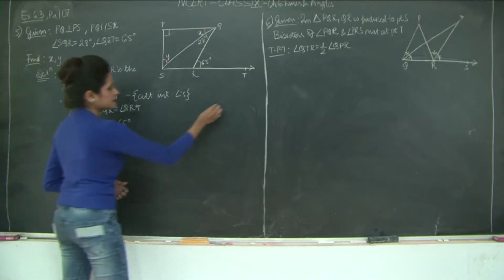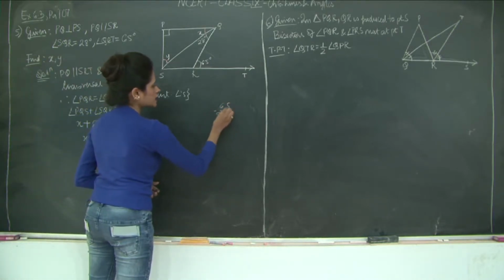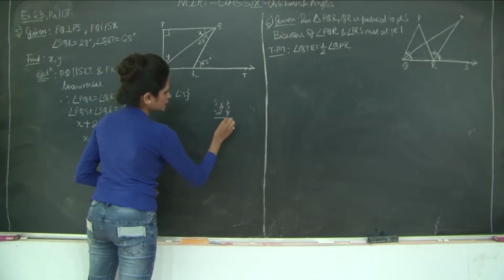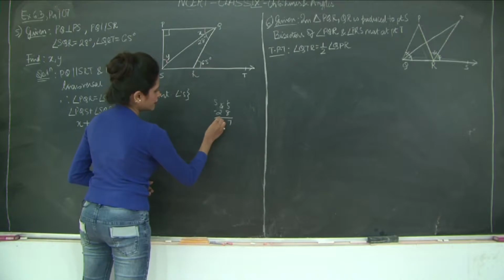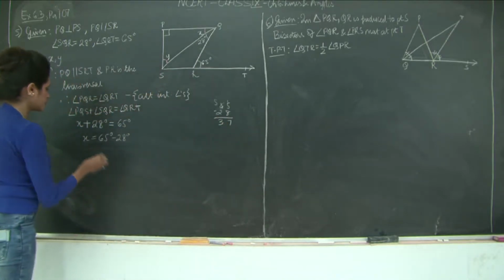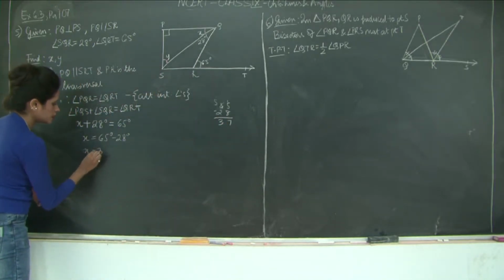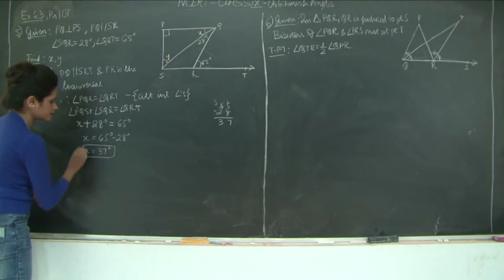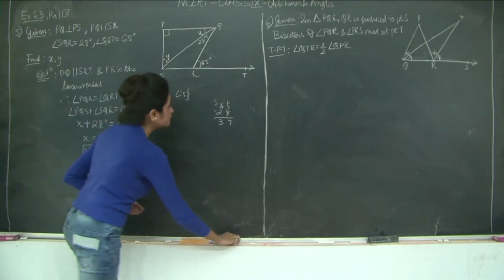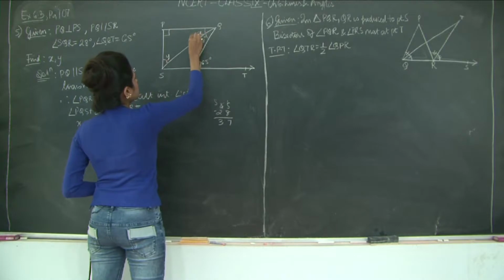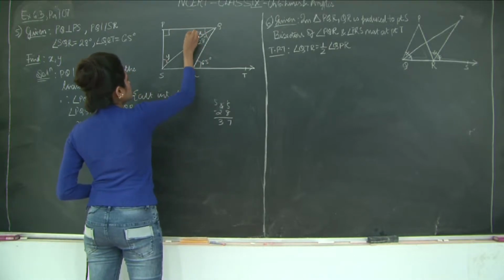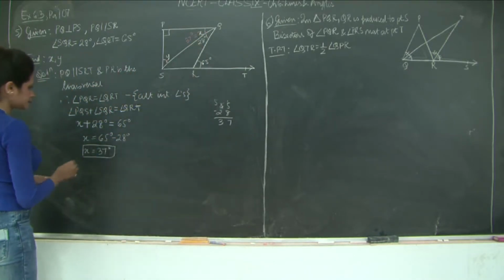Let's calculate this. 65 minus 28. So 7. And 5 minus 2 is 3. So 37 degrees. Therefore, X is equal to 37 degrees. Let's mark it in the diagram. Right?